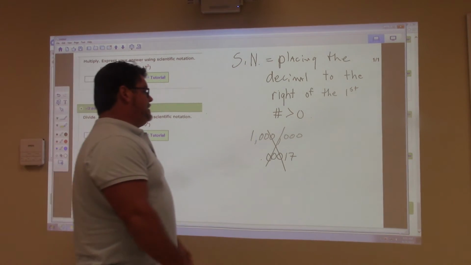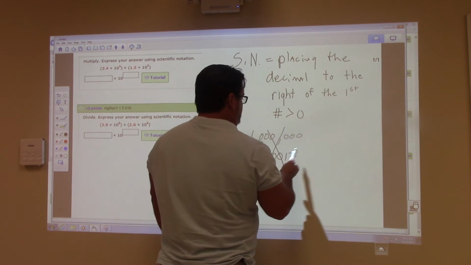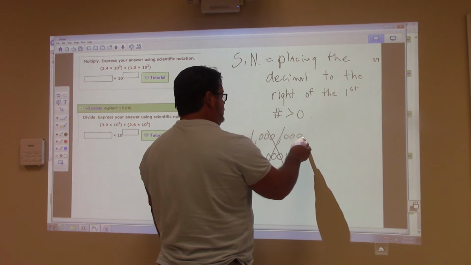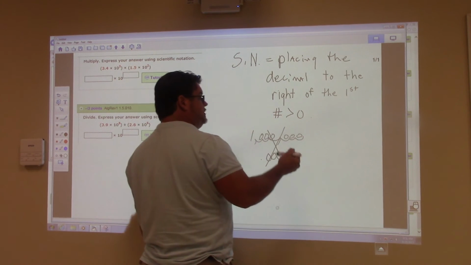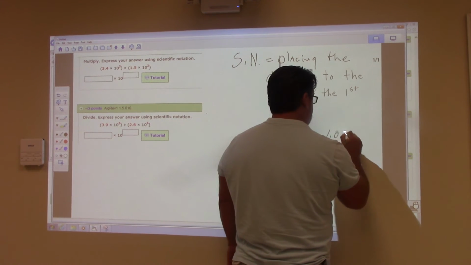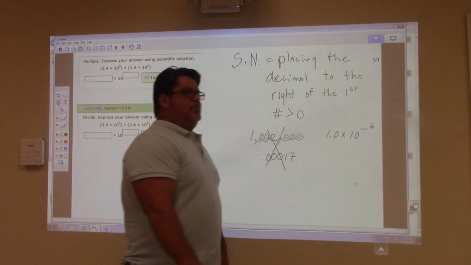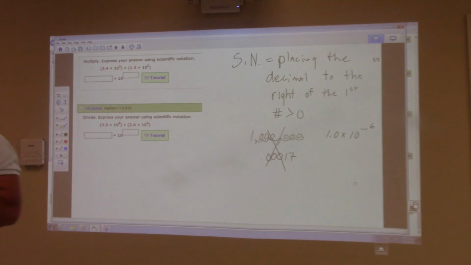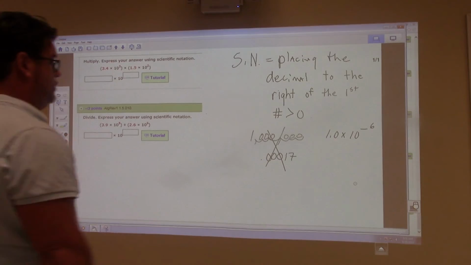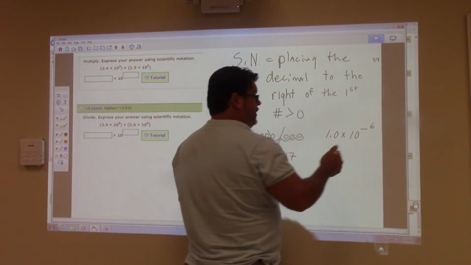Now, the way I tell students to do scientific notation is I tell them to move the decimal 1, 2, 3, 4, 5, 6. 1.0 times 10 to the blank 6. And then I tell students to ask yourself mentally, which way do you move the decimal here to get back the way it was? To the right.